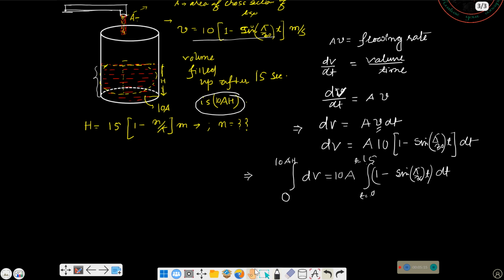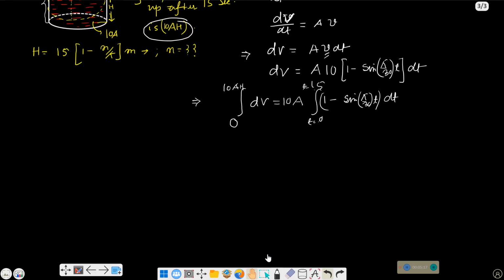If we integrate, on the left-hand side we get 10ah minus 0, so 10ah. For the right-hand side, 10a is constant.